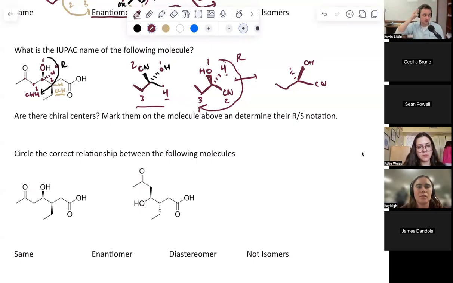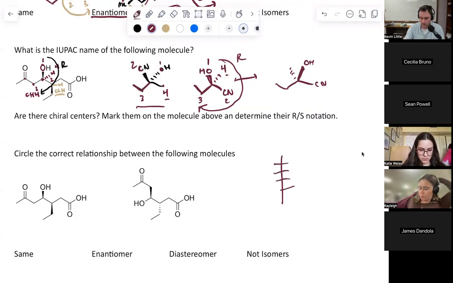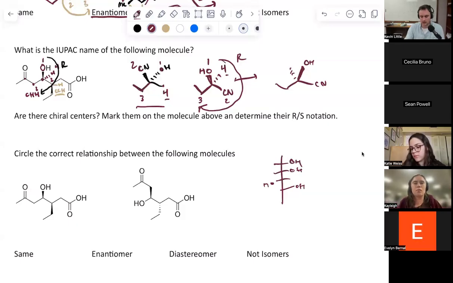Fischer projections are often very useful for R and S. It's one of the reasons why some people don't teach Fischer at all, but when they do teach Fischer, they usually teach it as a way to determine R and S. And when you get into biochemistry, that's mostly what you're going to use Fischers for: you'll have really big molecules with tons of different chiral centers, and you have to determine whether a sugar is the D version or the L version based off of the chiral centers.